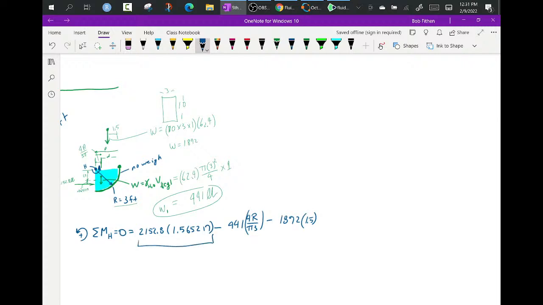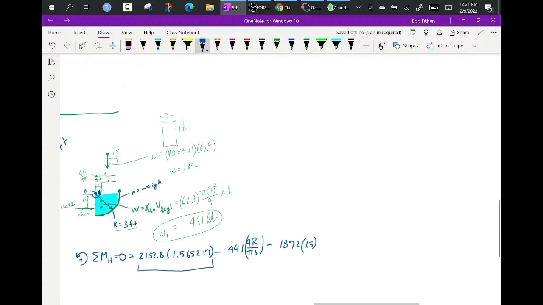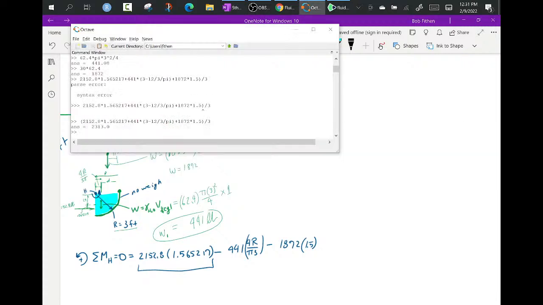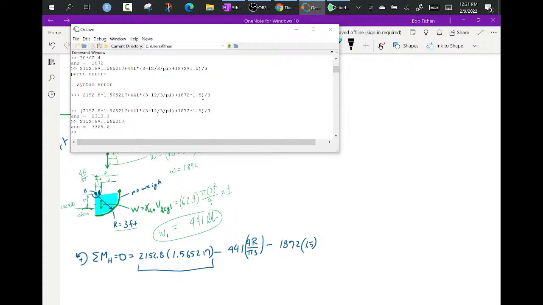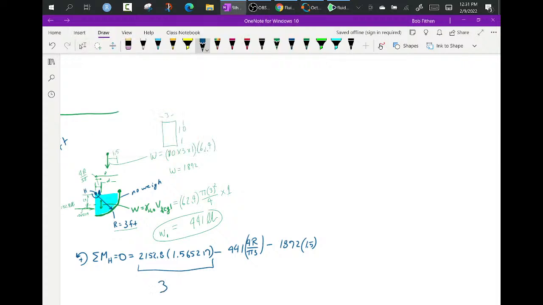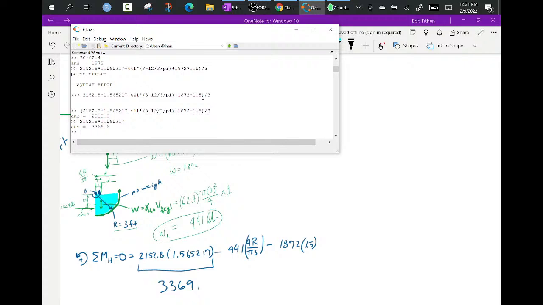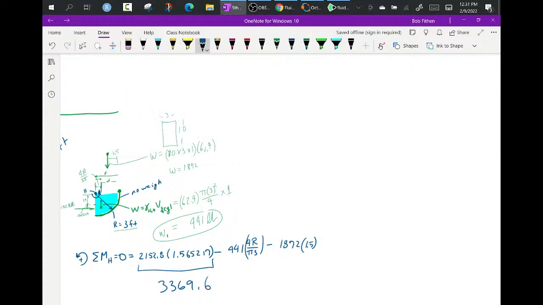Let's look at this one first. 2152.8 times 1.565217, 3369.6.